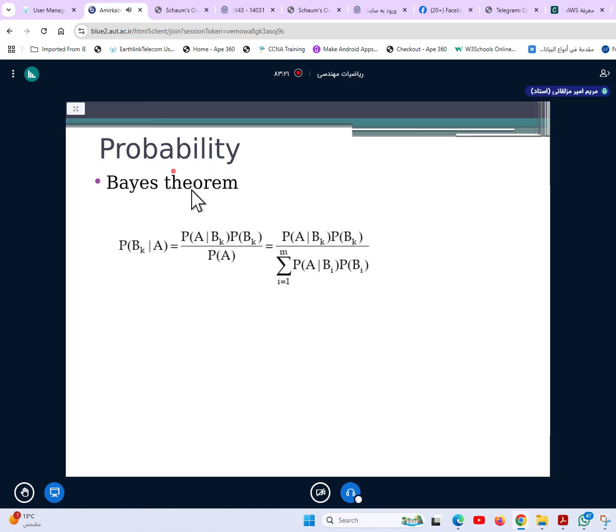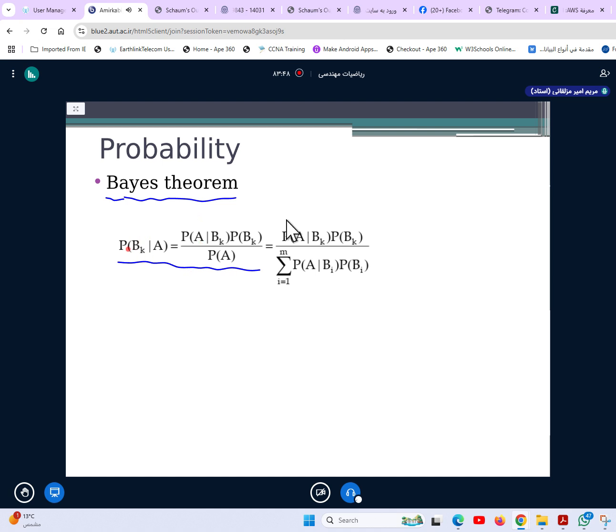This slide is about Bayes' theorem. Also, this theorem is very important. I select the more important topics for you because our time is limited and we should cover important topics. What is Bayes' theorem? Bayes' theorem is this formula.